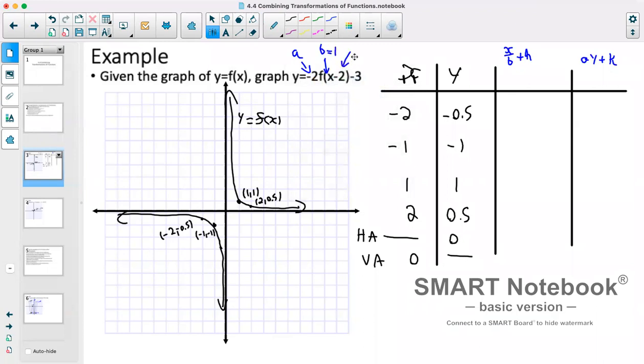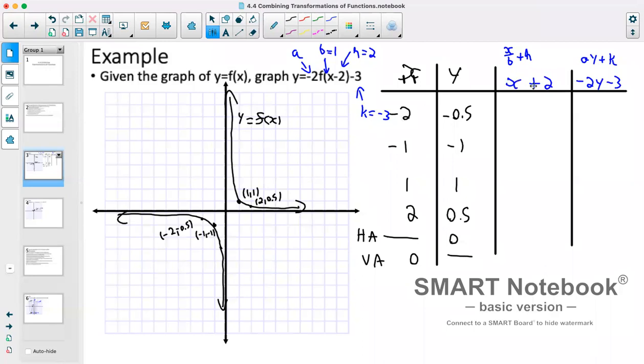It takes the form of x minus h, so h is positive 2, and then k is equal to negative 3. So we have x over b, our b was 1, so x over 1 is just x. Then we've got plus h, so plus 2. Our a was negative 2 times our y value minus 3.